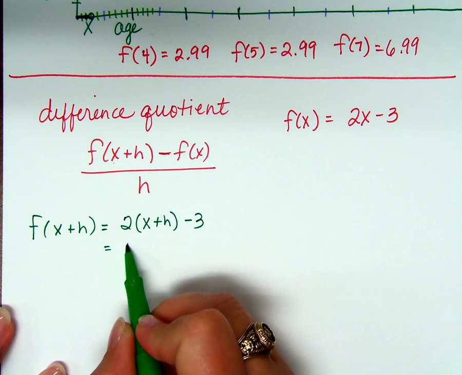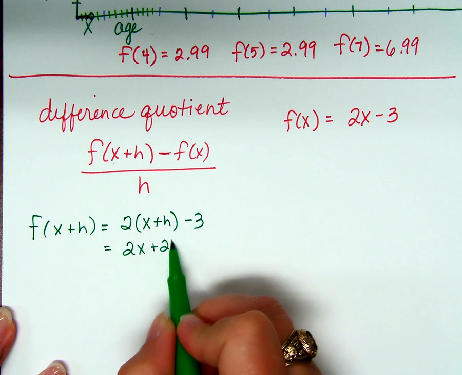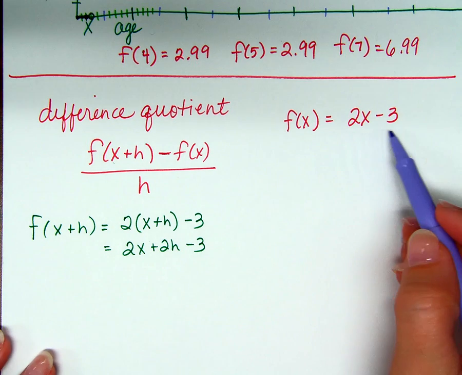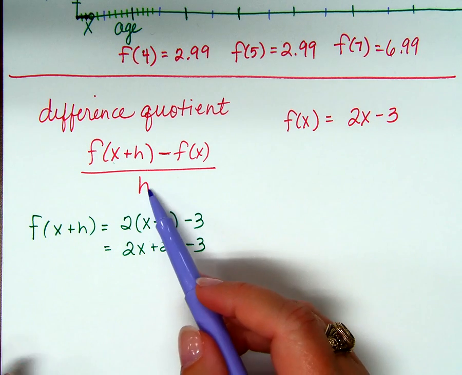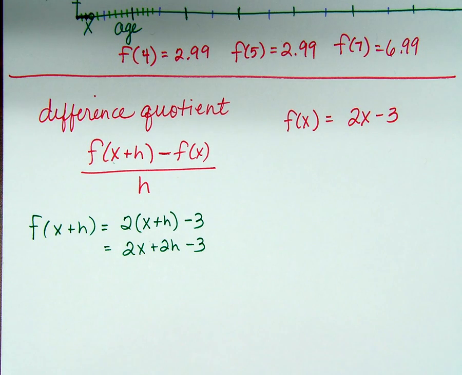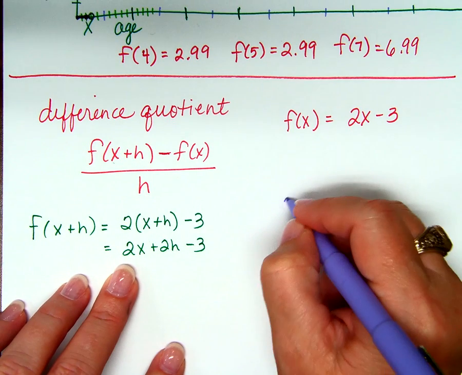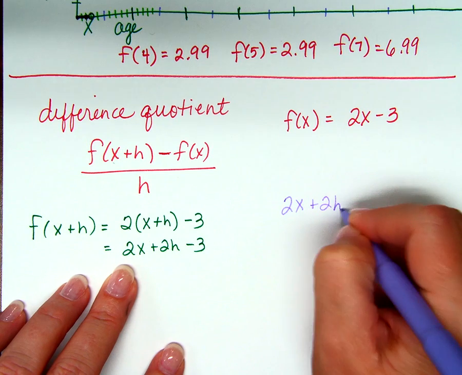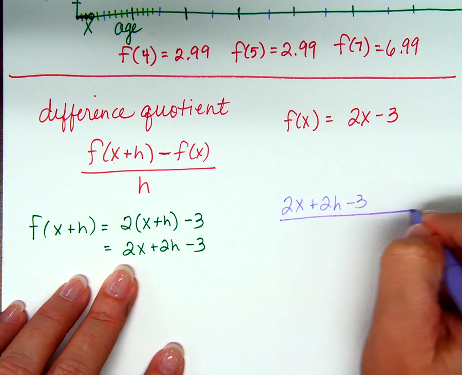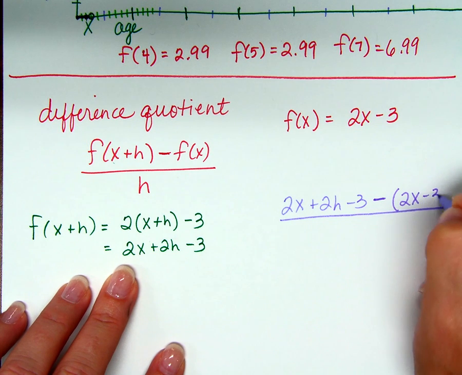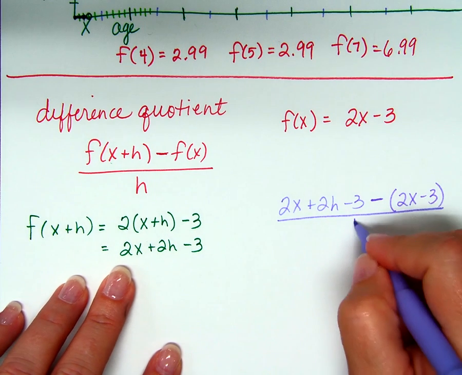Does that make sense? Anywhere there's an x, I want to put in x plus h. So if I simplify that, I get 2x plus 2h minus 3. Can I combine any of that? No. Well, f of x is pretty obvious. We already have that. And h seems pretty obvious because we're not doing anything with it, right? So if I say this, what we just found, 2x plus 2h minus 3, minus this thing, 2x minus 3, I need to divide that all by h.